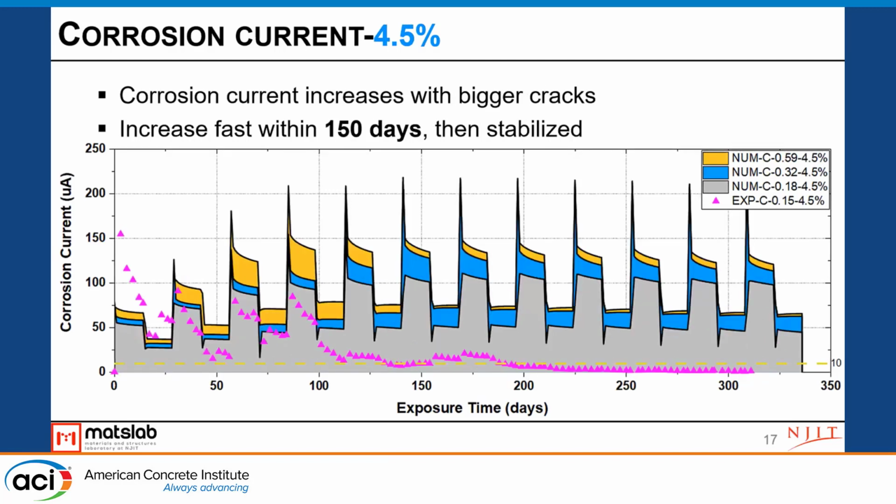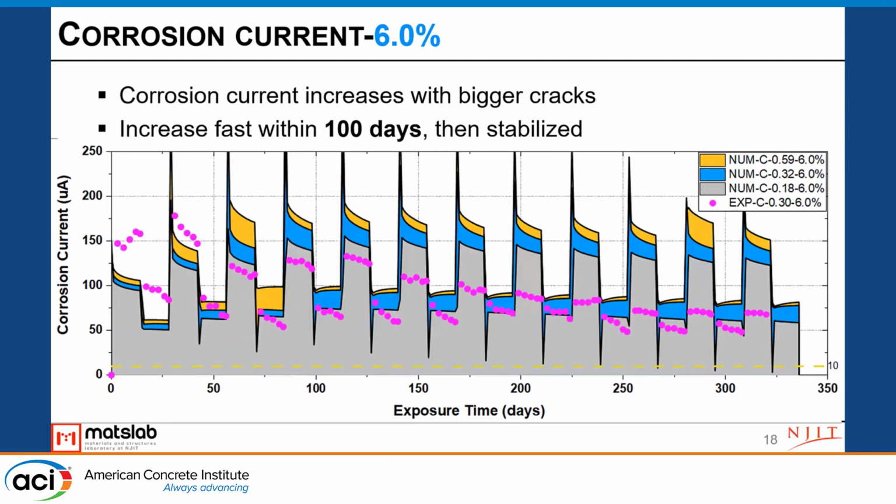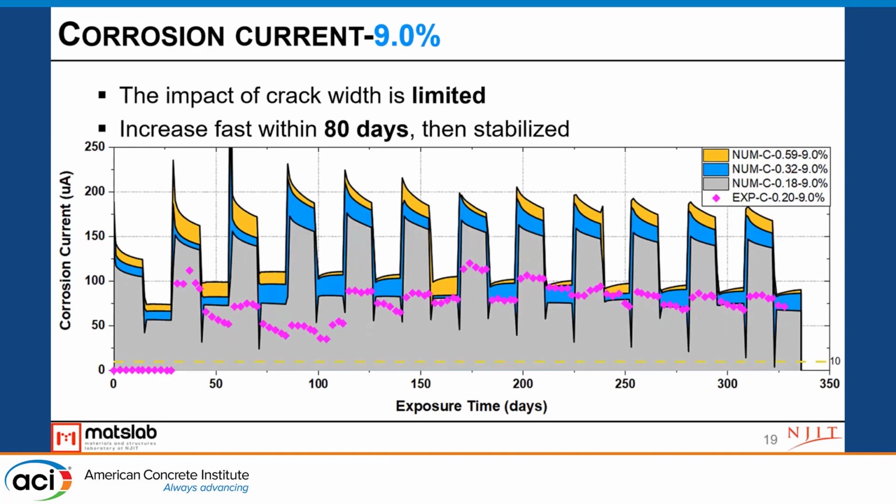We have a similar trend with 4.5%. The difference is that the corrosion stabilized faster. And the 6% one, same. Here the crack width from the test is 0.3. And the 9% one. So what we really want to figure out is the impact of crack width.